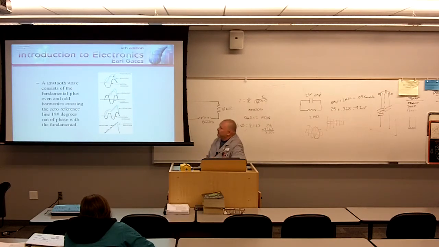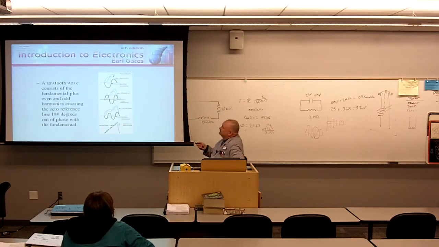So to make the sawtooth, it consists of the fundamental frequency plus even and odd harmonics crossing the zero reference line 180 degrees out of phase with the fundamental. So here we take those harmonics, invert them 180 degrees, and then add them together.